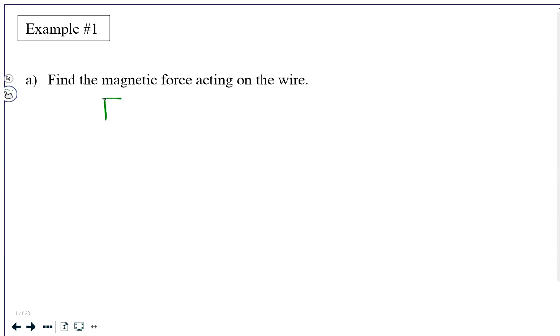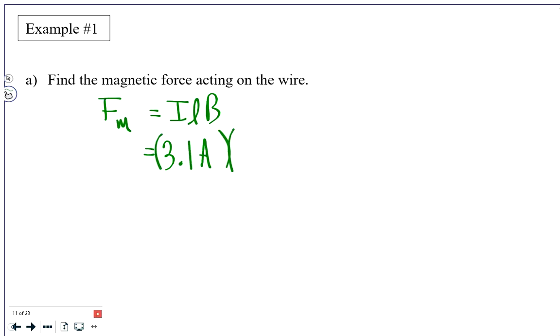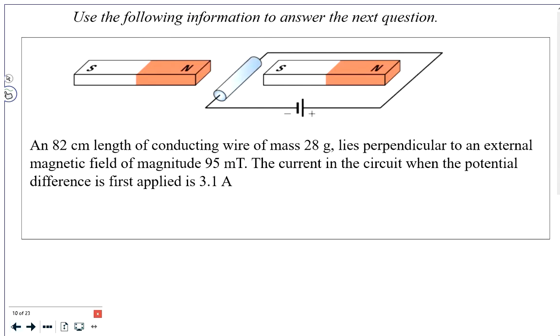Well, this is really a simple question. It's Fm equals ILB. So we're going to take the current, which I believe was 3.1 amps. We're going to multiply by the length of the conductor in the magnetic field. It says it's an 82 centimeter length that's lying perpendicular to the magnetic field.